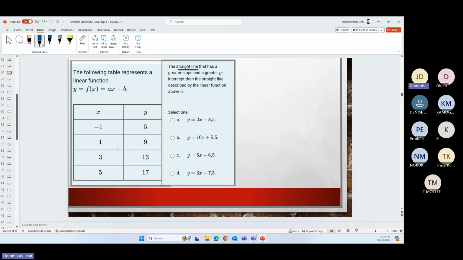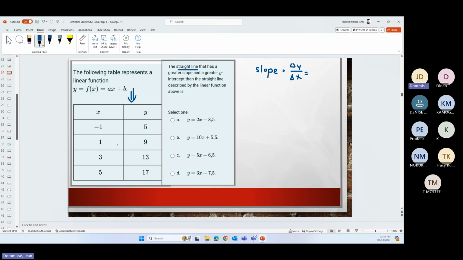Okay, so let's work out what this slope is. So they say this is a straight line. So if we go for the information that they say it's a straight line, we can work out the slope as the change in y over the change in x.